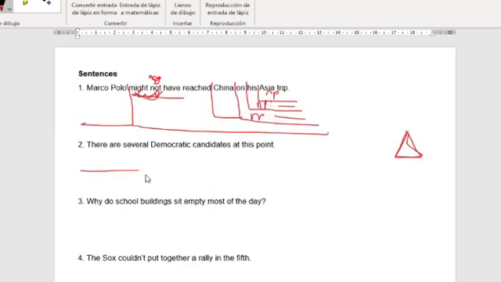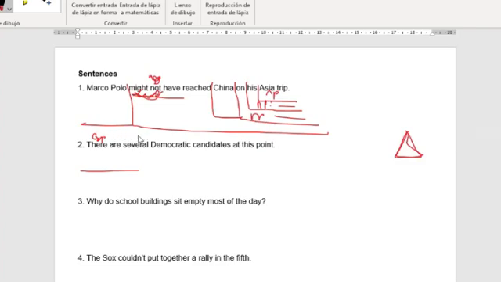Okay, so there are several Democratic candidates at this point. There, subject, expletive. Are, verb be.